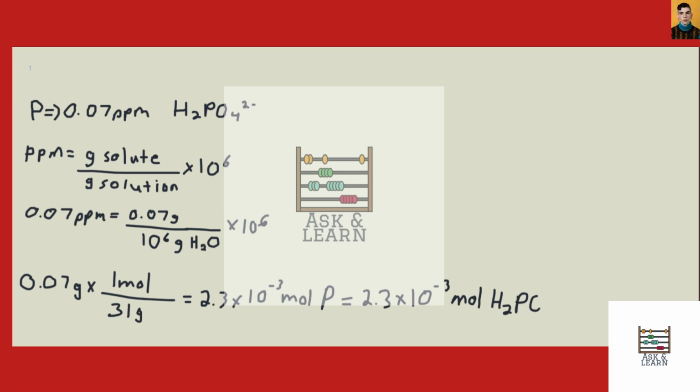Now they want us to find the molar concentration of H2PO4 in seawater. So we're assuming we have 10 to the 6 grams of water, and we have to convert that to liters.